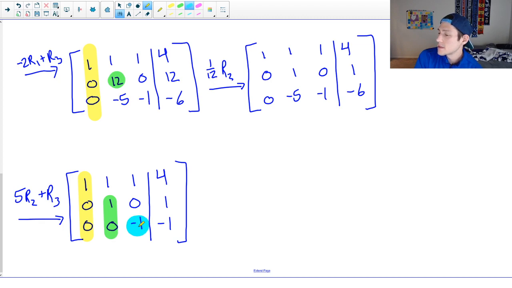All right, our next step is now to make the next diagonal just equal to 1. So take a look at this third row. I can just divide row 3 by -1, right? Or multiply by -1, whatever. So I'm just going to do negative times row 3.